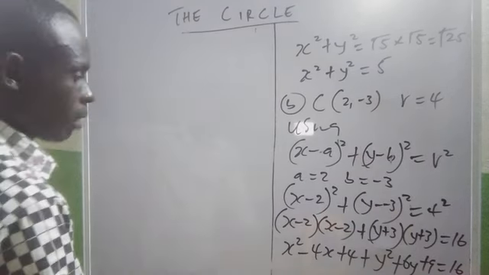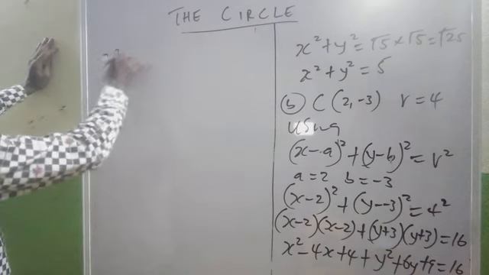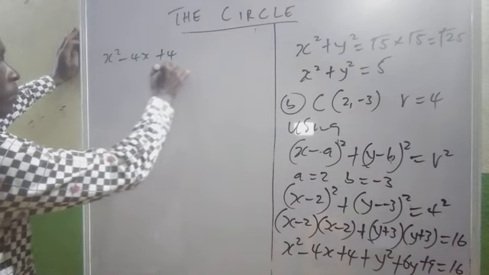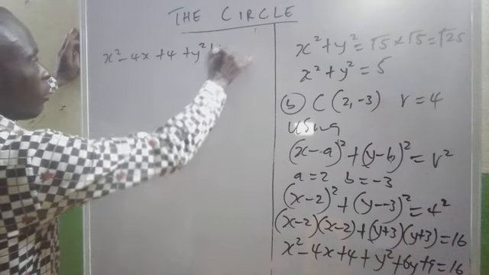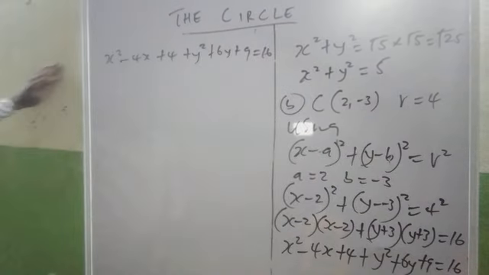So let's bring this one together. We have s squared minus 4s plus 4 plus y squared plus 6y plus 9 is equal to 16.